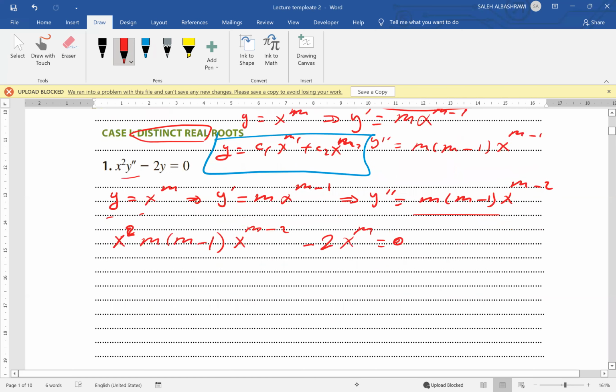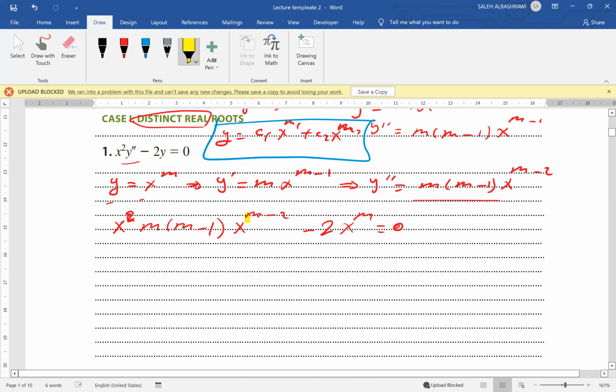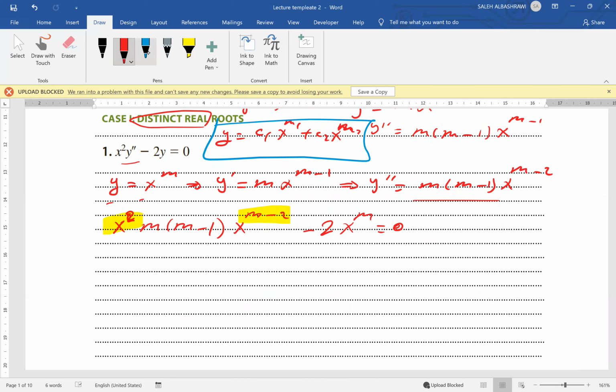If we combine x squared with x to power m minus 2, it will be x to power m. So it is m multiplied by m minus 1 times x to power m, minus 2 x to power m, equal to 0. Take x to power m as a common factor, and we'll have m multiplied by m minus 1 minus 2, all times x to power m.